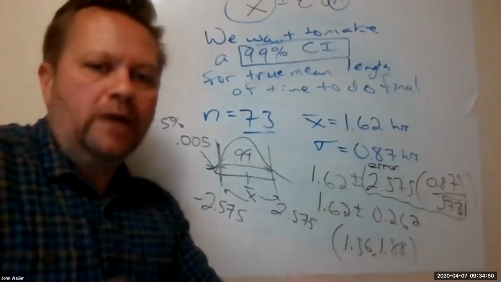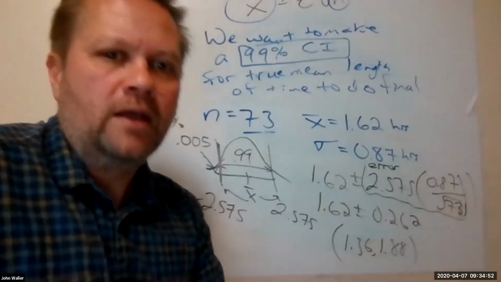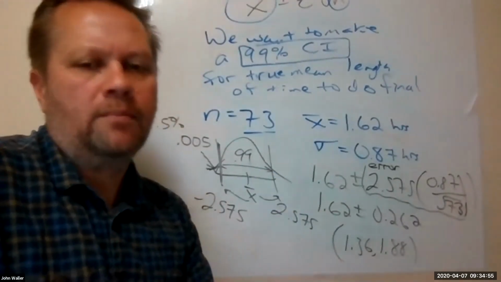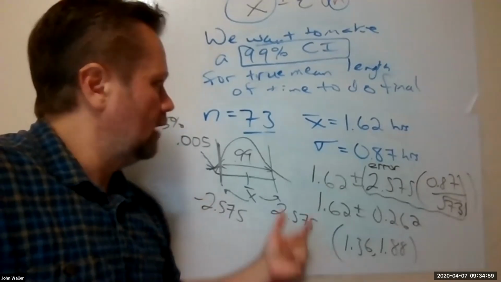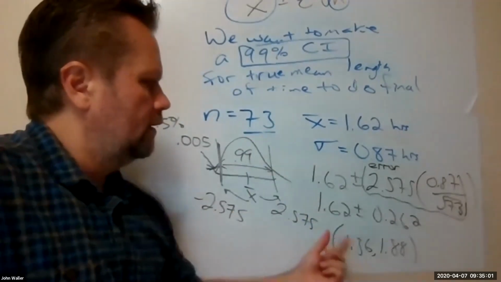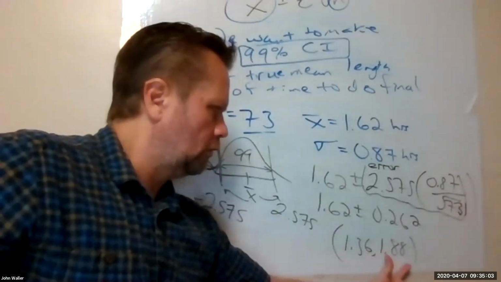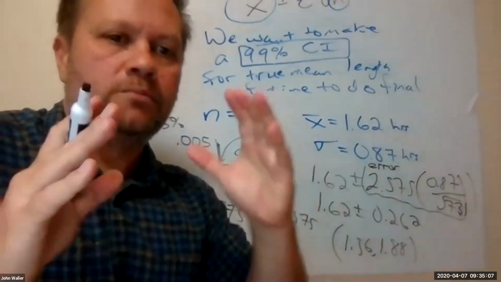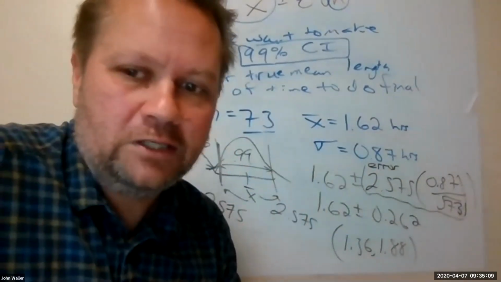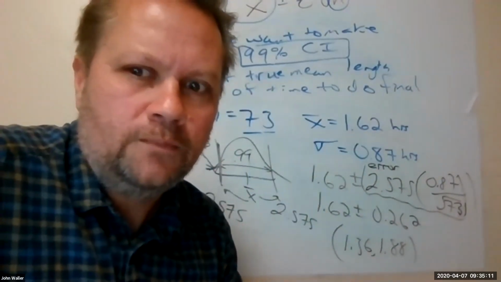So that is much more useful than somebody just telling me I got a mean of 1.62. If they instead say, I'm 99% confident that 1.36 to 1.88 hours contains the real mean, that is much more useful information, right?